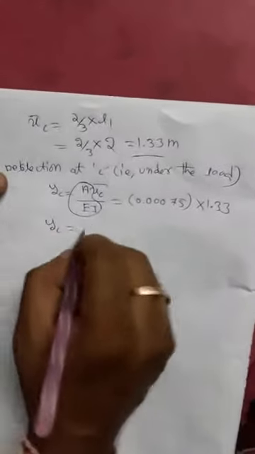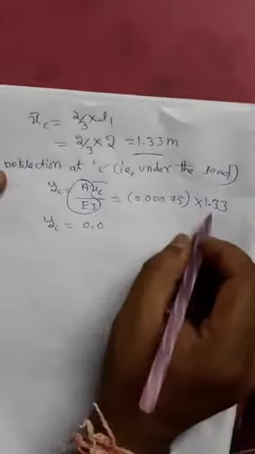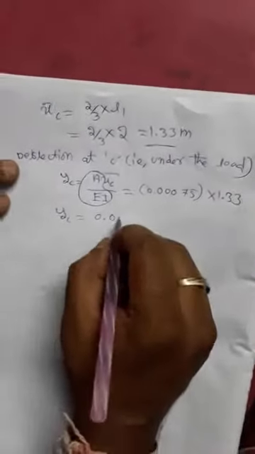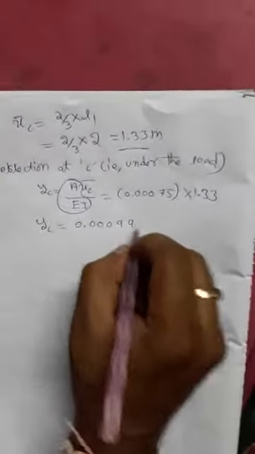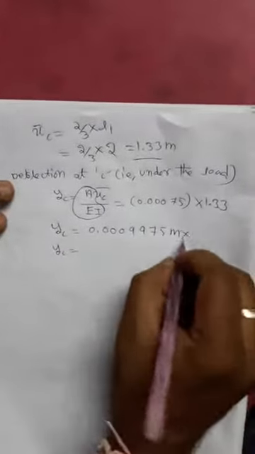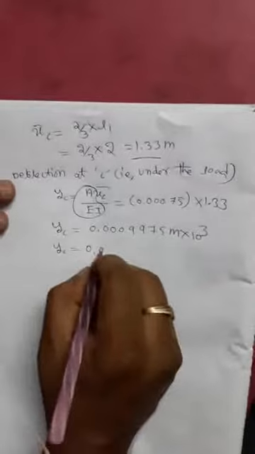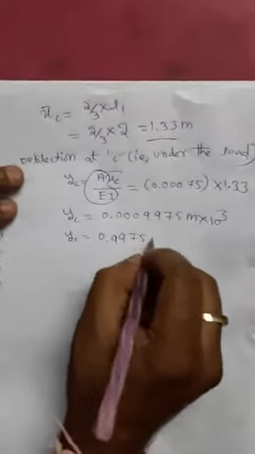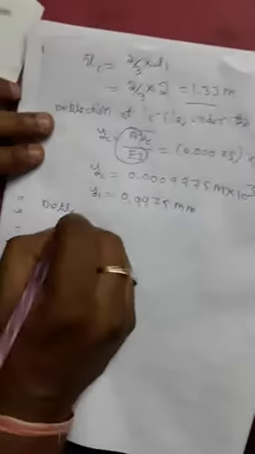So the answer is in meters, because we substituted in meters. So YC equals 0.9975 into 10 to the power of 3, that is 0.9975 mm.